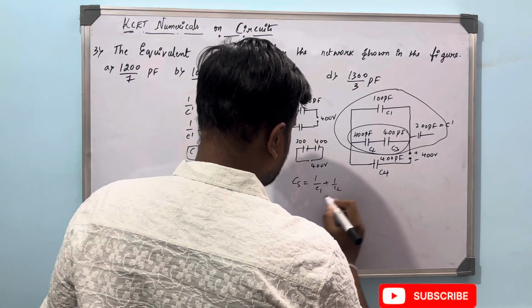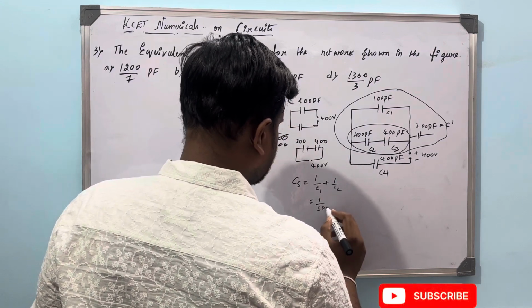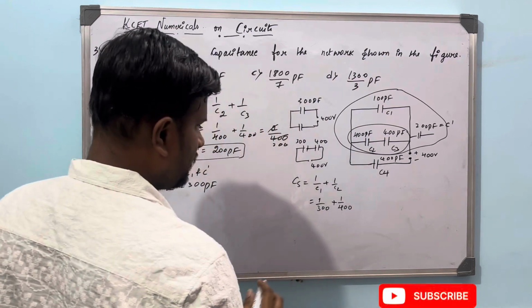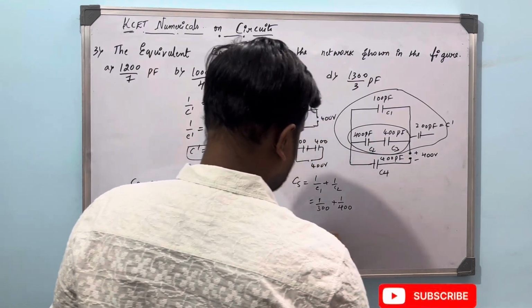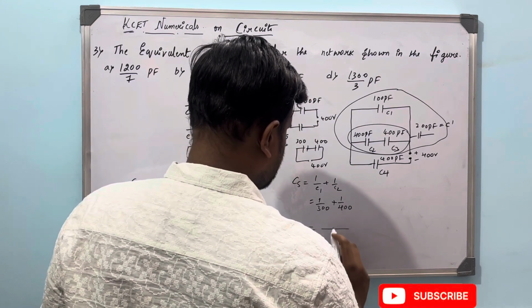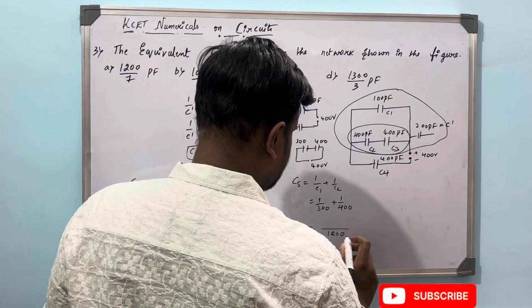You can apply that also, or 1 by CS is equal to 1 by C1 plus 1 by C2, that is 1 by 300 plus 1 divided by 400. Okay, so if you take LCM, 4 3s are 12,000.